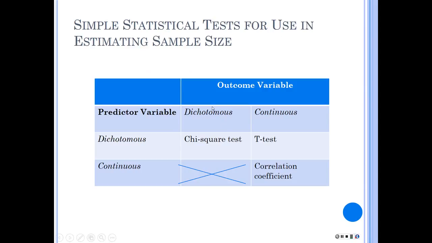If you have a dichotomous outcome variable, which is considered a categorical variable, and a dichotomous predictor variable, the appropriate test would be a chi-square test. If you have a continuous outcome variable and a dichotomous categorical predictor variable, the appropriate test would be a t-test. If you have a continuous outcome and a continuous predictor, then appropriate would be a correlation coefficient.